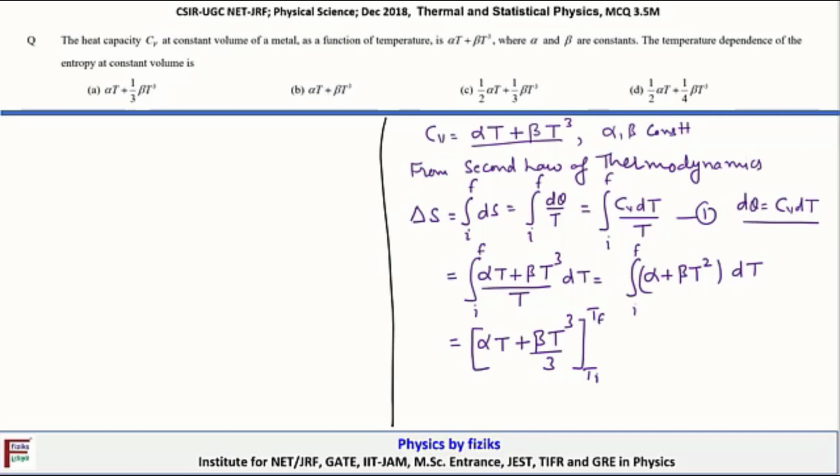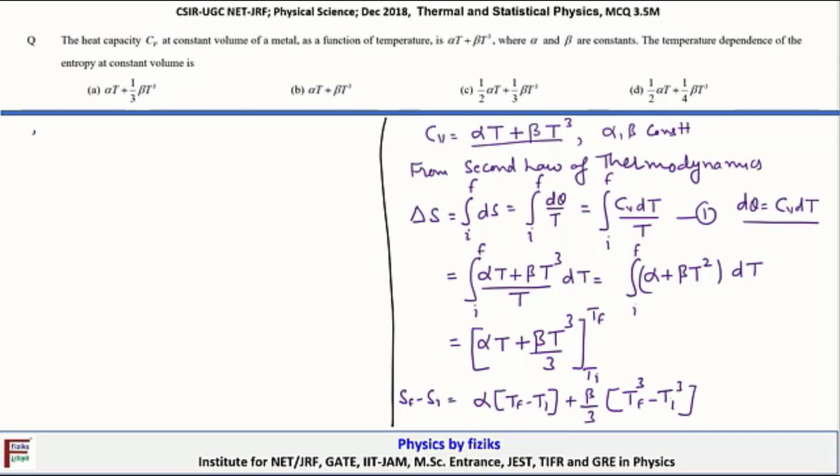With this information we can write delta S as S final minus S initial, which is equal to alpha into (T final minus T initial) plus beta by 3 times (Tf cube minus Ti cube). Now let's rearrange all the terms in this expression, and then we are almost at our answer.